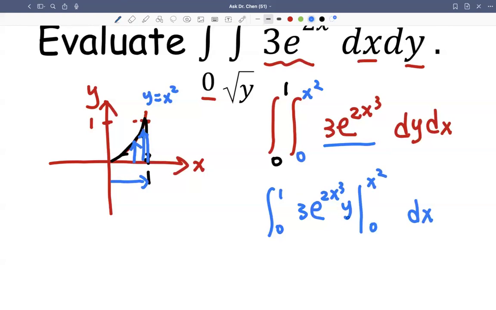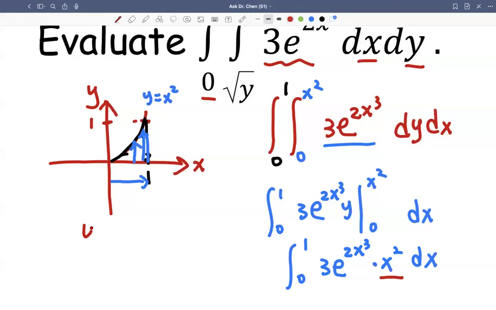So integrating in y direction, we just get 3e to the 2x cubed, then multiply by x squared, right? Because y equals x squared, y equals 0, there's nothing, x squared minus 0, just x squared. Then dx.